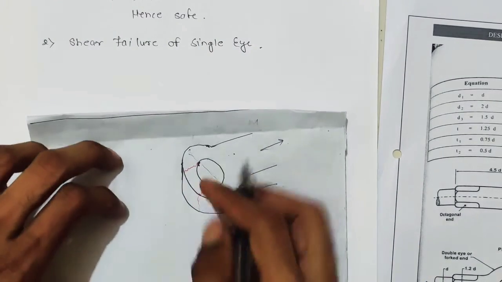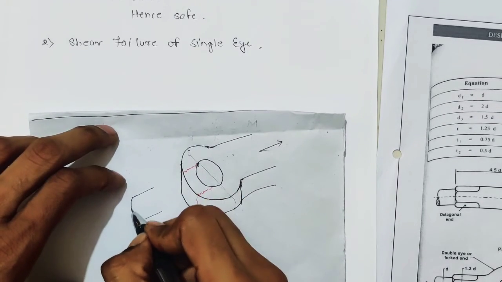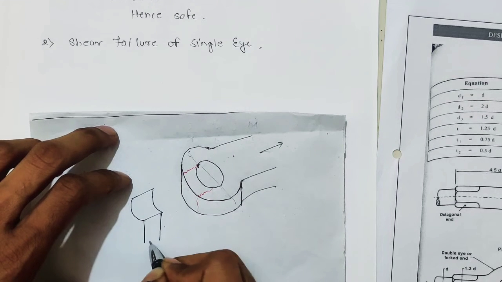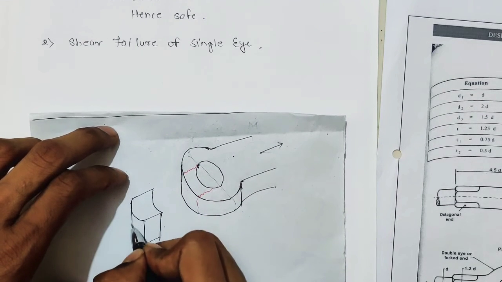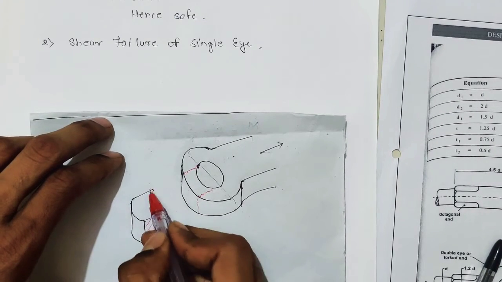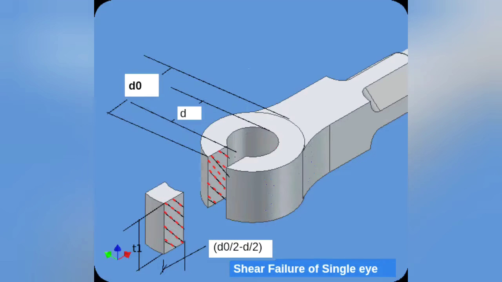How will it come out? This whole section will come out like this. Okay, this is the 3D view of the failure area.